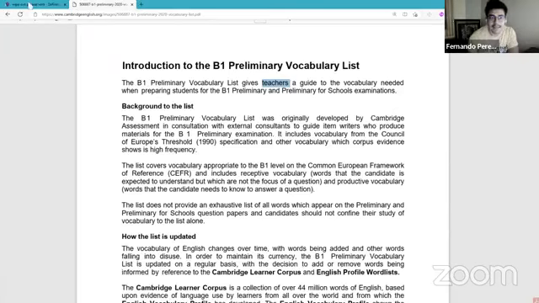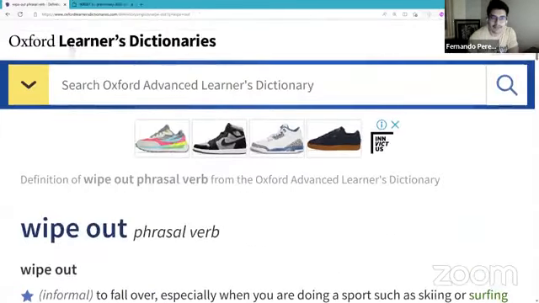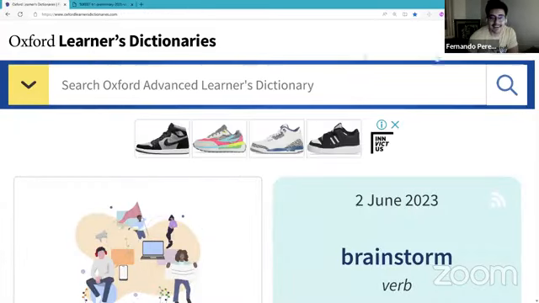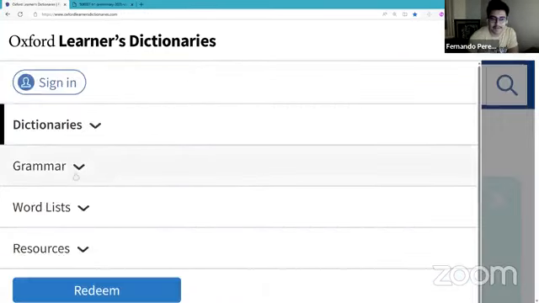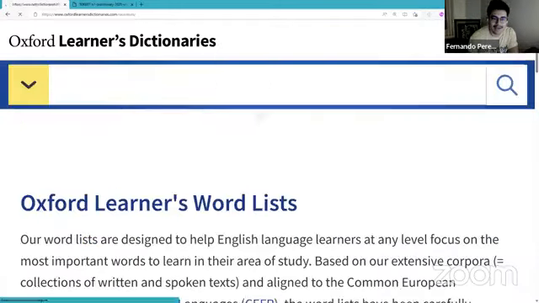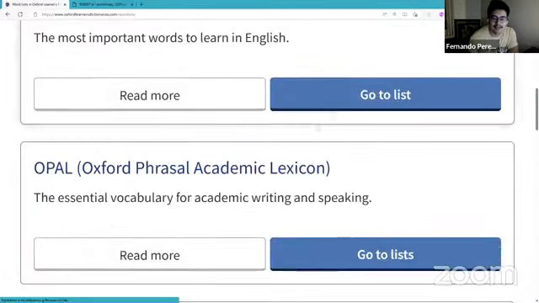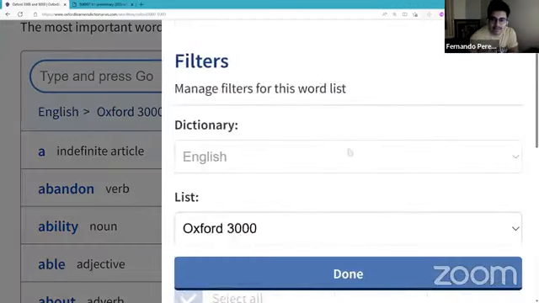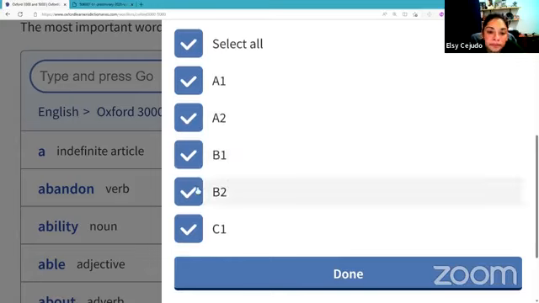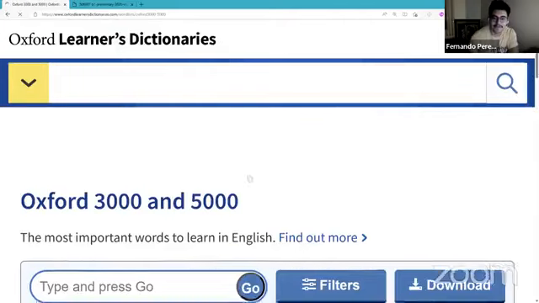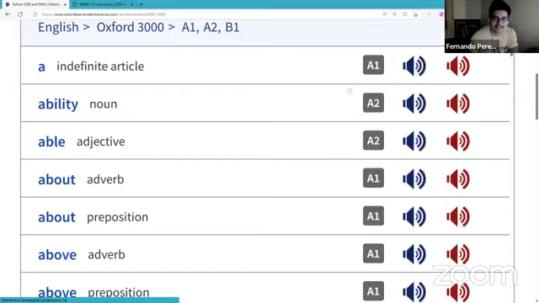Fortunately, we have the Oxford Learner's Dictionary. And according to Oxford Learner's Dictionary, we have words already filtered in the corresponding level. So this is B1, A2, A1. Here it is.